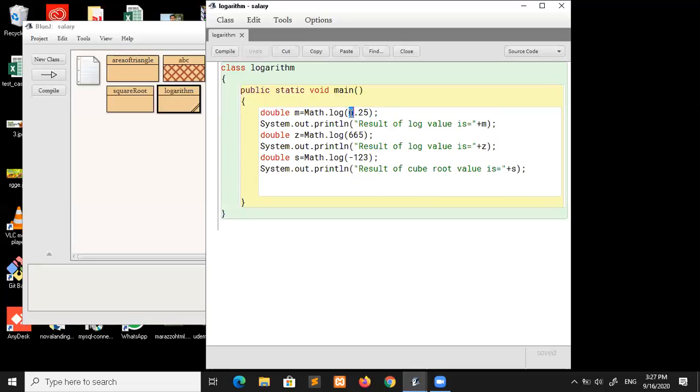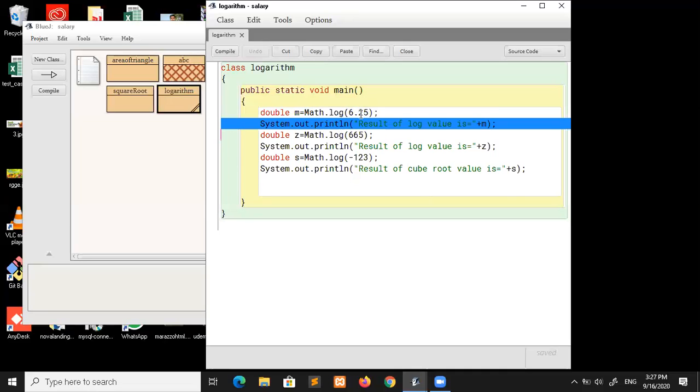Okay, so over here for the logarithm, once again we are making use of the inbuilt function, that is nothing but log, and the log I wanted for 6.25. Same thing, the string which I wanted, I'll make use of. I have purposely used three different variations.